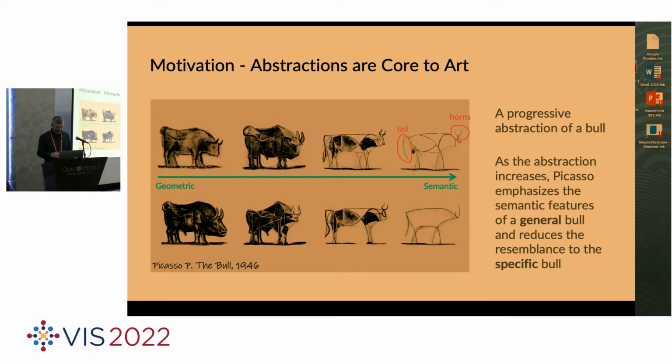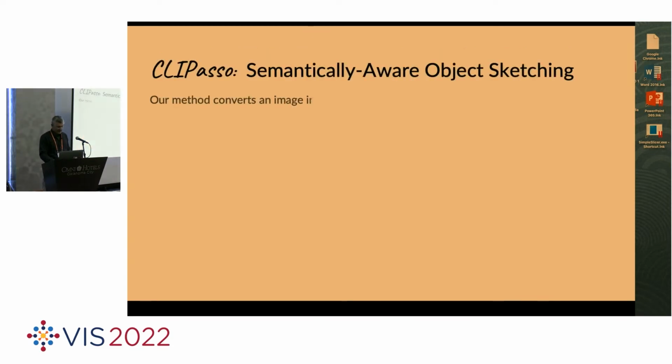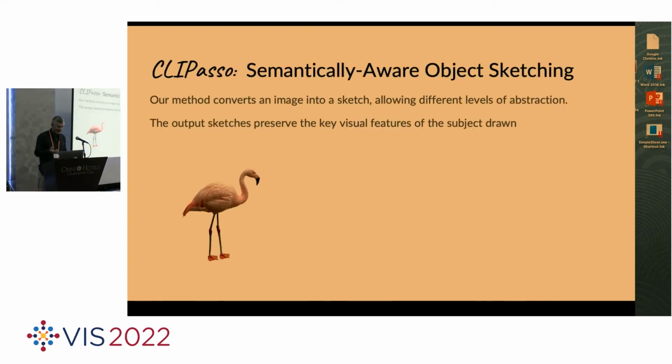And then when you abstract something, it becomes more general, related more to any bull that you can see. So our goal was really to try algorithmically to create sketches and a series of sketches that move from more geometric to more semantic presentations of objects. And so we call this CLIPASO, semantically aware object sketching.